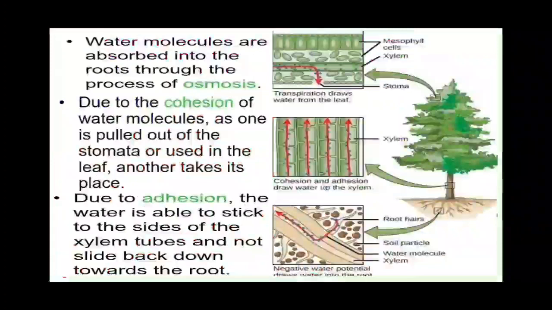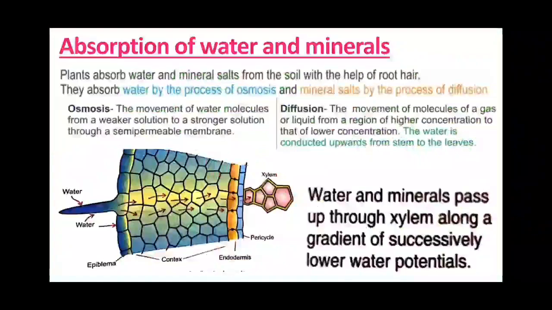Okay. Next, as water is being pulled up through the stem, more water is forced up, which is lost due to the transpiration, and hence there is a continuous flow of water through the plants.